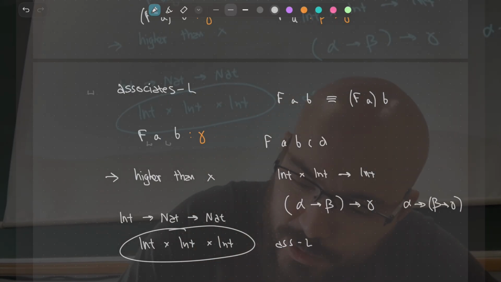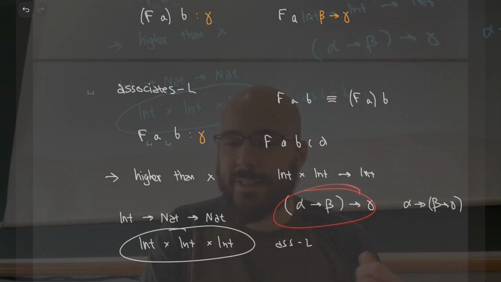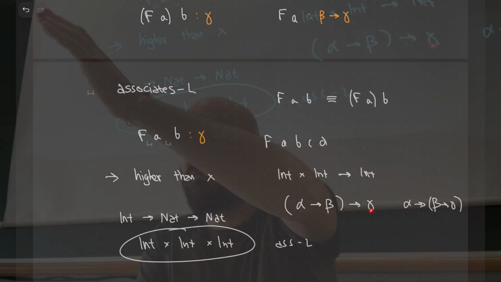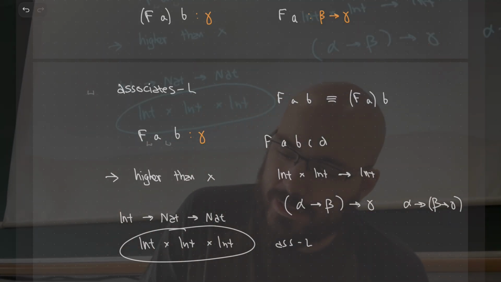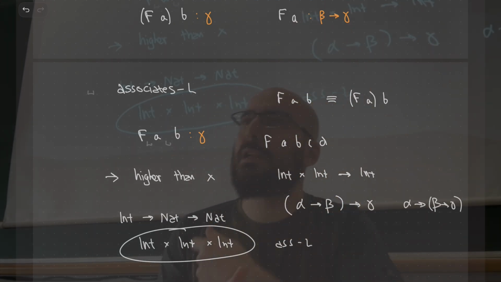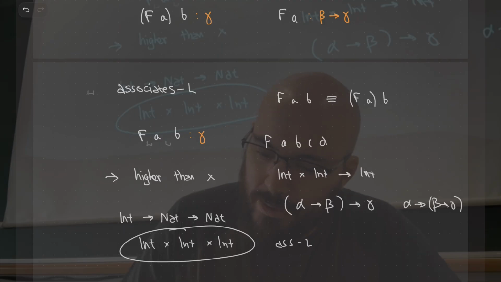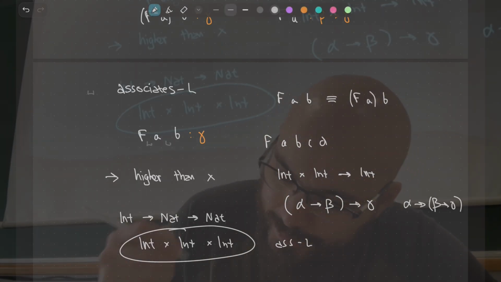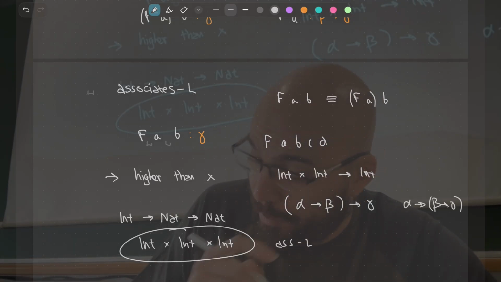Let's describe the elements of this type. They take functions from alpha to beta and map them to elements of gamma, while these ones take elements of alpha and map them to functions that map elements of beta to elements of gamma. They're completely different things. So I definitely need to think here which of the two I will pick.